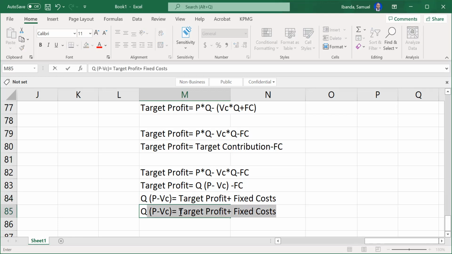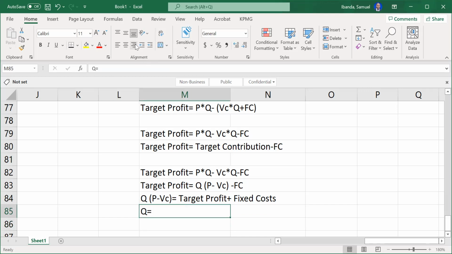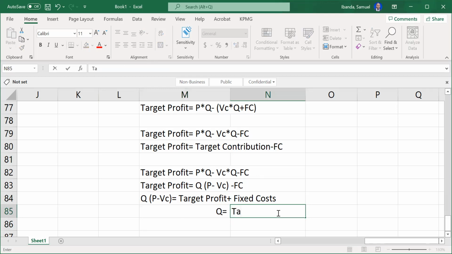And if I want to make Q the subject now, I'll say Q will equal target profit plus fixed costs divided by P minus VC.